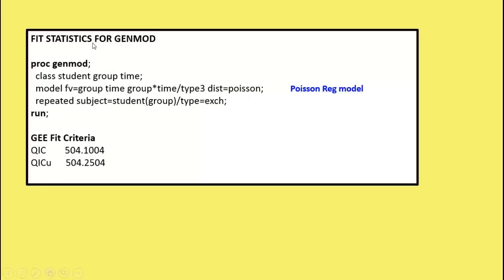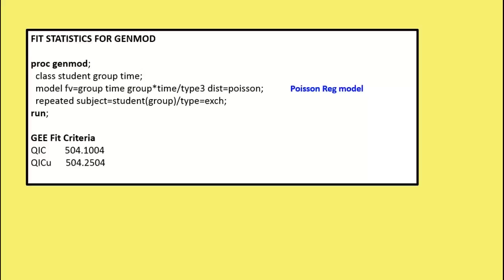When I run GENMOD, I'm getting different fit statistics with different names. The reason it's called QIC is that Q is for quasi likelihood, and in GENMOD we're running a nonlinear model, so quasi likelihood is what you're using, not a linear model. And you're dealing with correlated data for a nonlinear model.